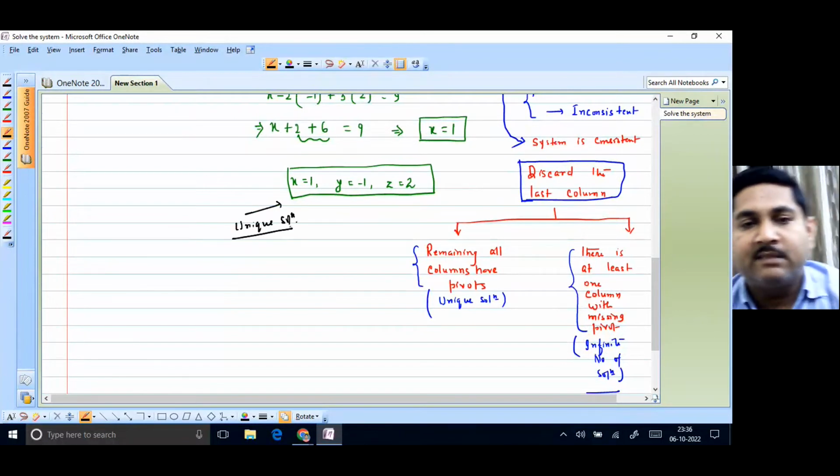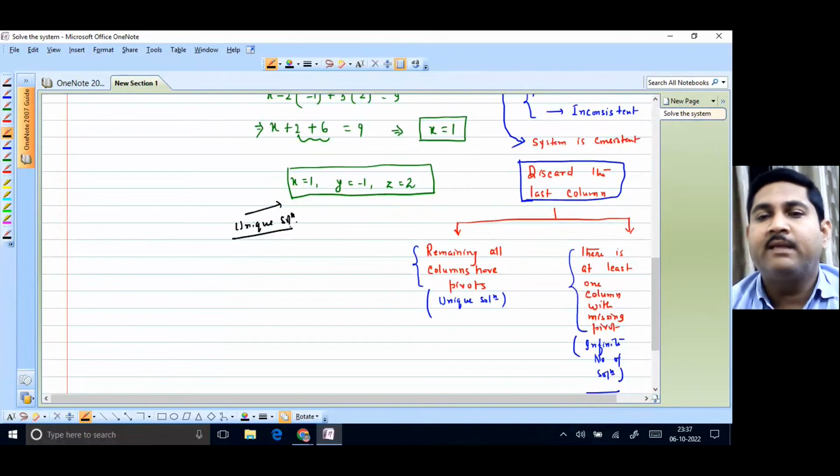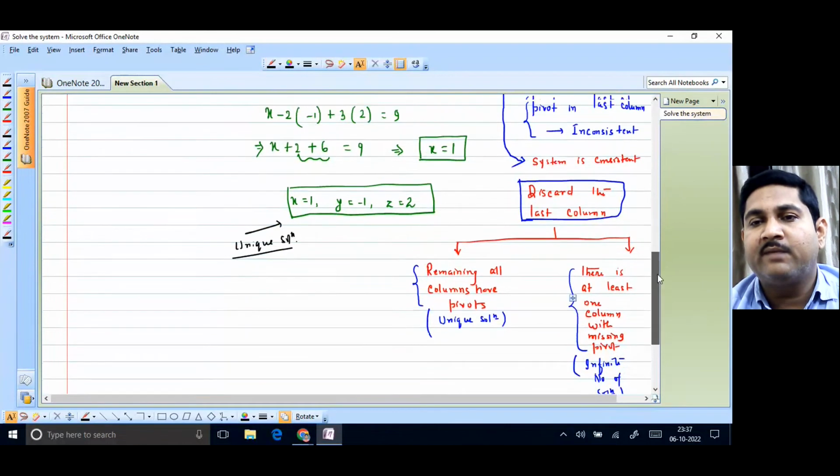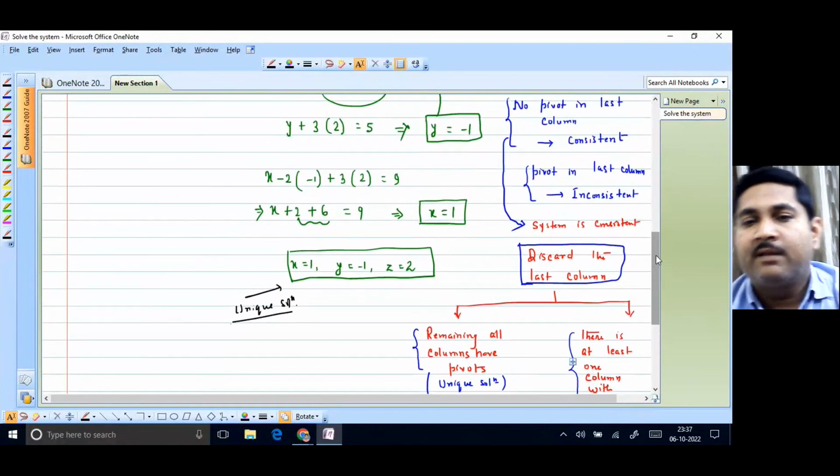So in the next class, I will discuss how a missing pivot informs you that infinite number of solutions exist. And again, I will take one example and we will understand how a pivot in the last column tells you that your system is inconsistent, right?